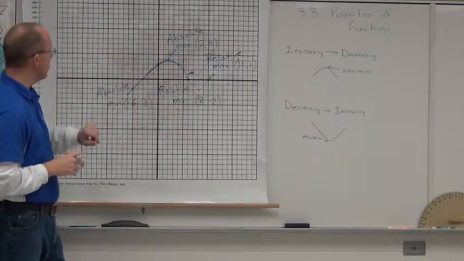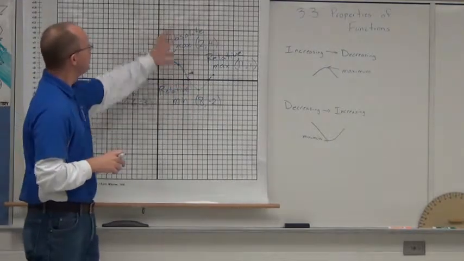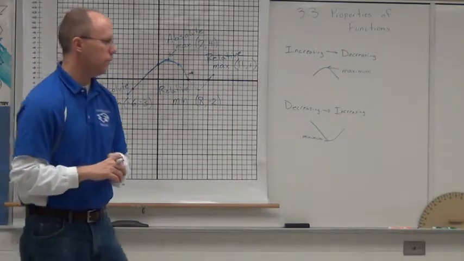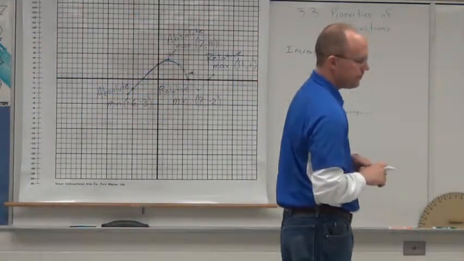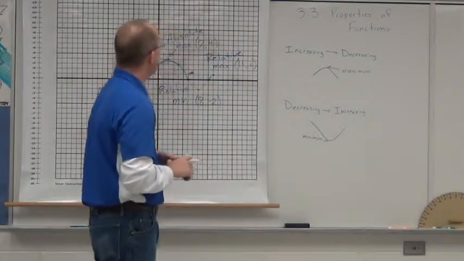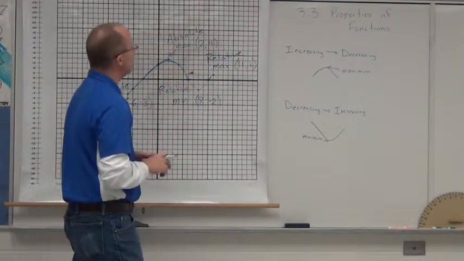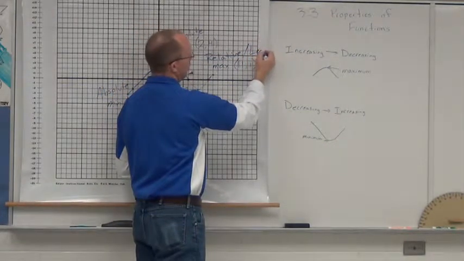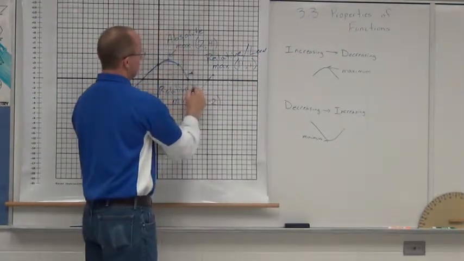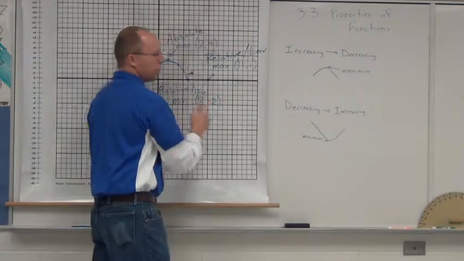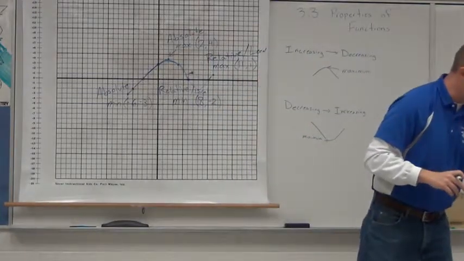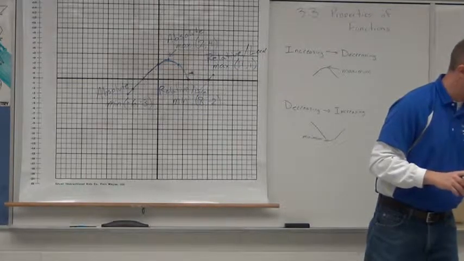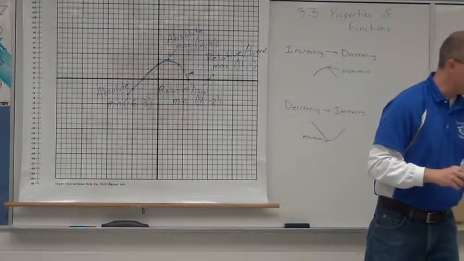So we've got an absolute minimum, a relative minimum, an absolute maximum, and a relative maximum. Some books also call these relative maximums or minimums local. This book calls them local.